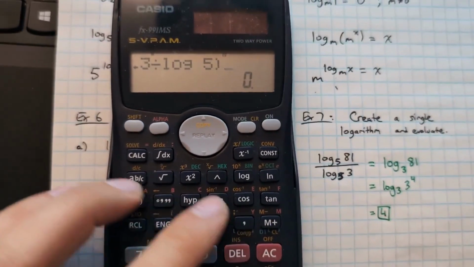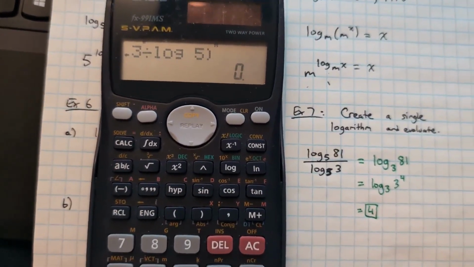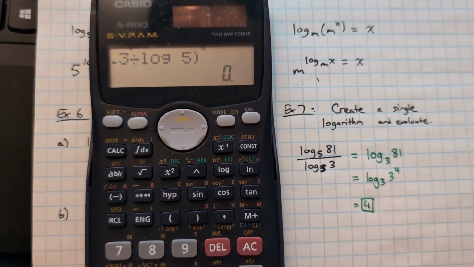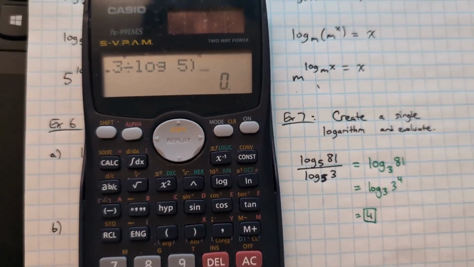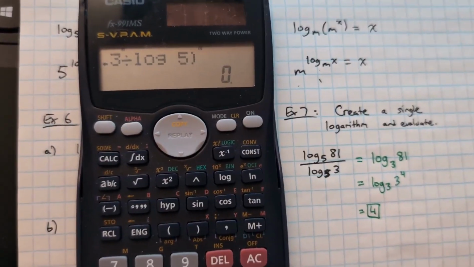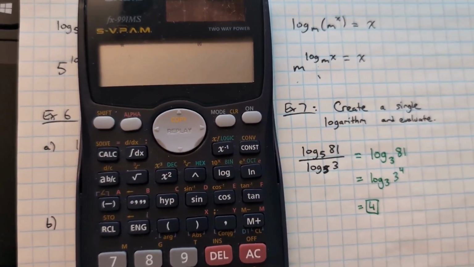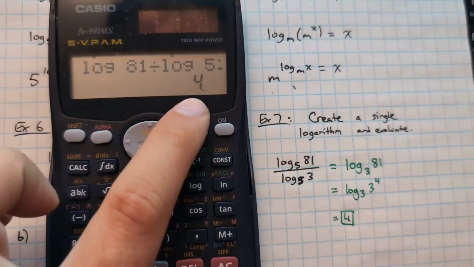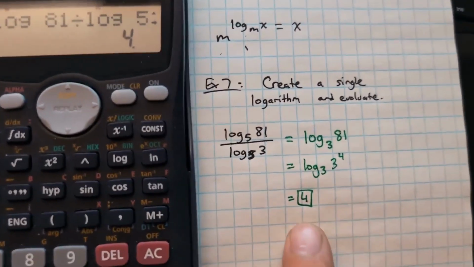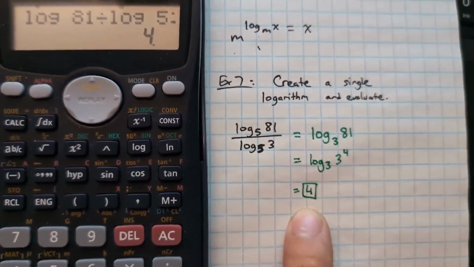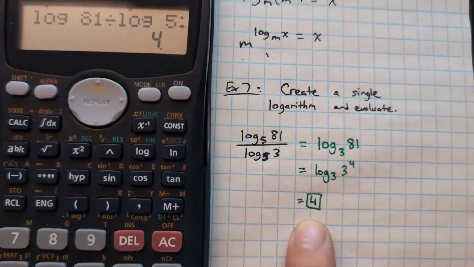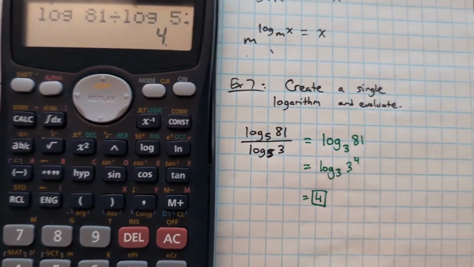So I have this whole big line here. Log 81 divided by log of 5 divided by log of 3 divided by log of 5, all in brackets. This should give us 4. Yeah, we get exactly 4. That's what we had here by doing it by hand. No calculator needed. That might be a hint going forward.